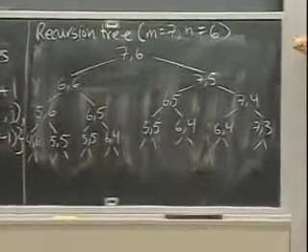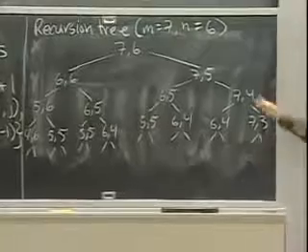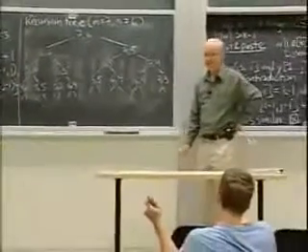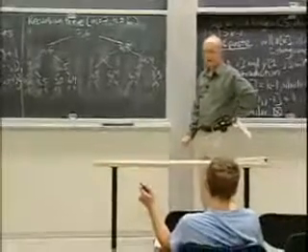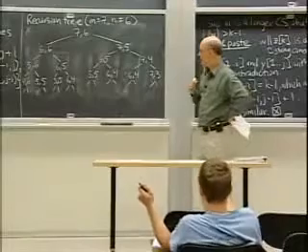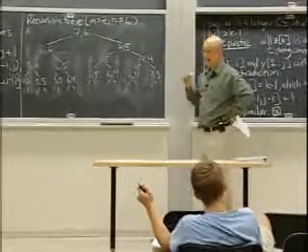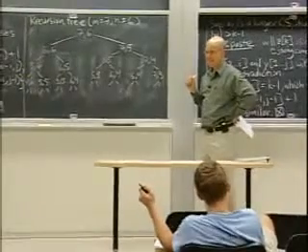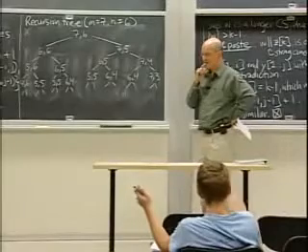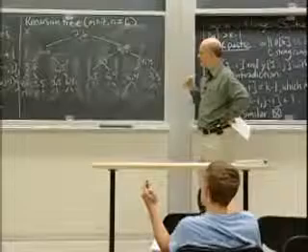So what's the height of this tree? Not of this one for the particular value of m and n, but in terms of m and n. What's the height of this tree? Yeah, max of m and n. It's theta of the max. It's not the max.